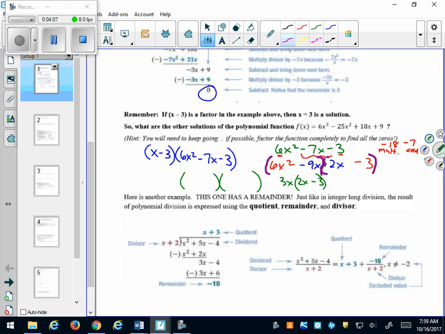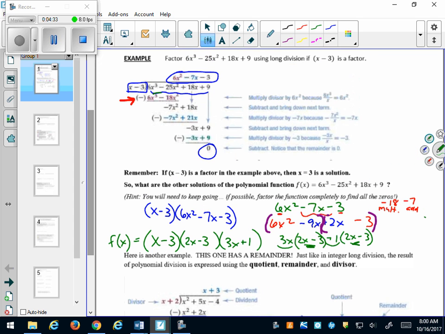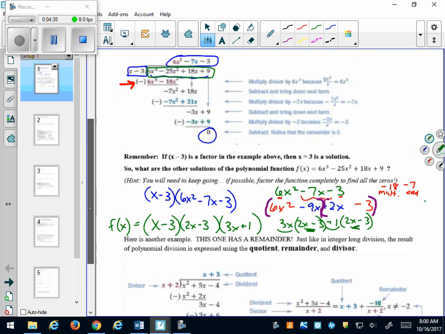And then in the second grouping, we can pull out a positive 1, and we're left with 2x minus 3. So factored form here is going to be 2x minus 3, which is the thing they had in common, and then 3x plus 1, which is these on the outside. So our final factored form of our original polynomial that we were dividing right here is this.